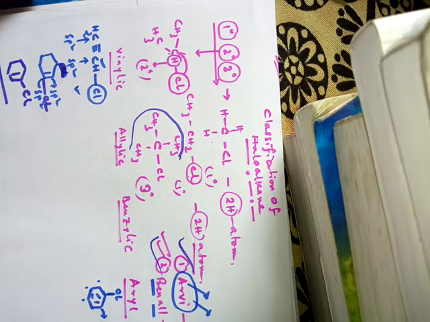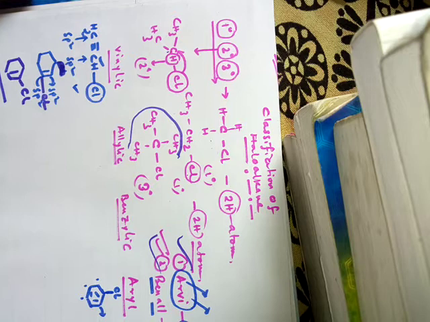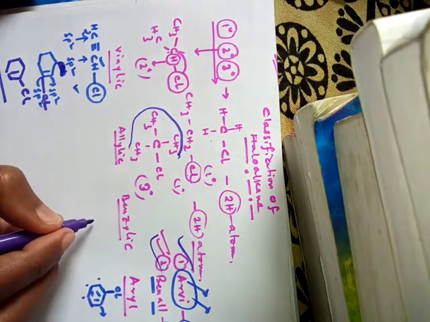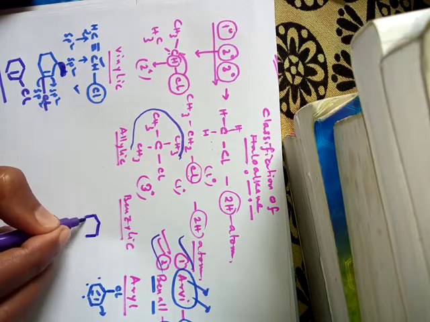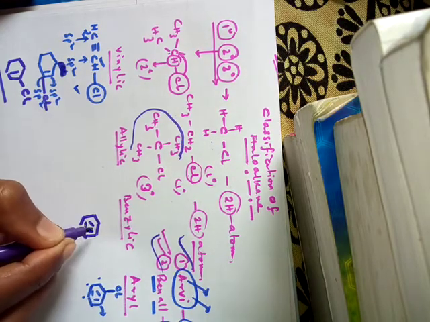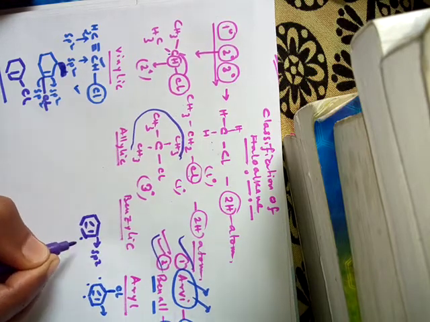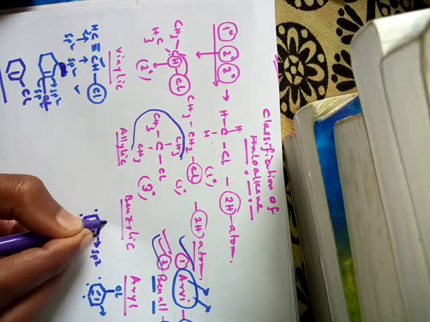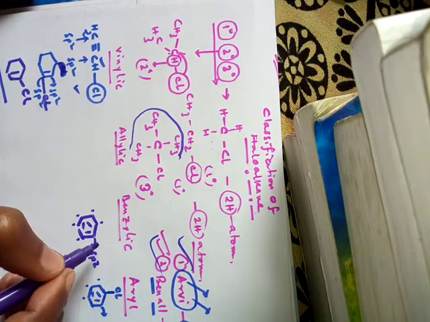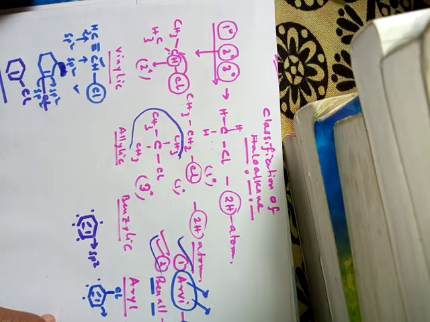Now we take benzylic and allylic halides. How will you draw the structure of benzylic and allylic halides? First of all, benzylic means there must be a benzene ring. Here all carbon atoms are sp2. But we know that in the case of benzylic halides, the halo group is directly attached with an sp3 carbon atom.